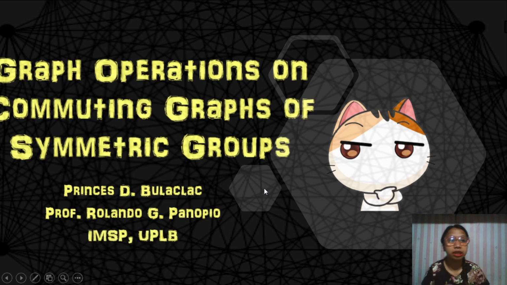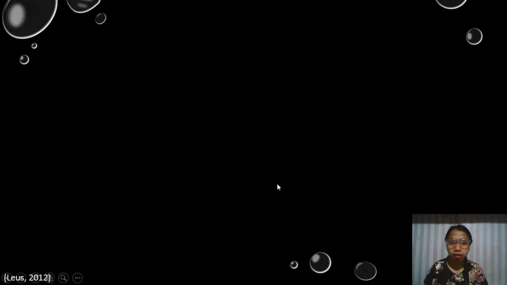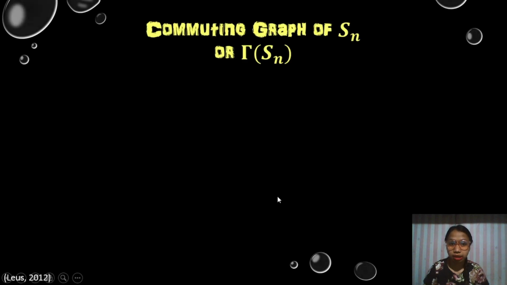The study mainly focused on the properties of the graphs resulting from performing graph operations on the commuting graphs of symmetric groups. First, let us know what a commuting graph of S sub n, or the symmetric group, is.